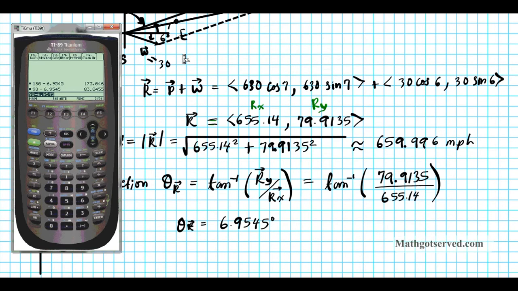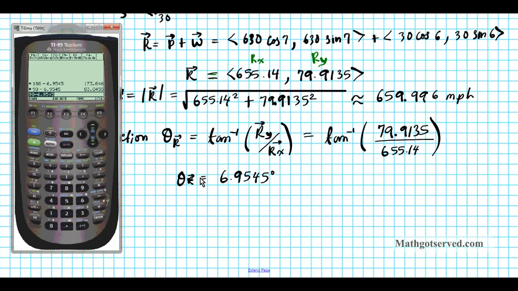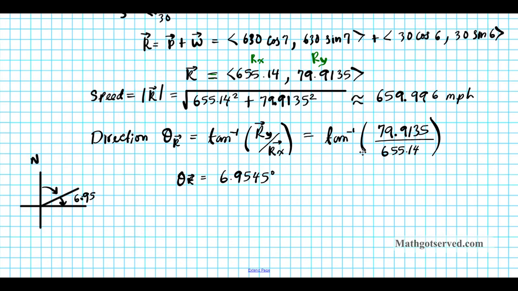All right, so we're just going to use 83.0455. Okay, so this is our direction, but our bearing, let's write this down, is going to be 83.0455. So what is the bearing here? It's going to be 83.0455 east of north.